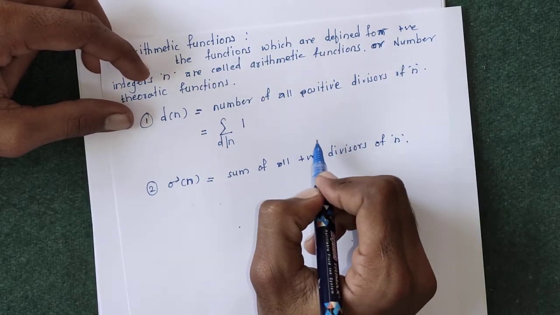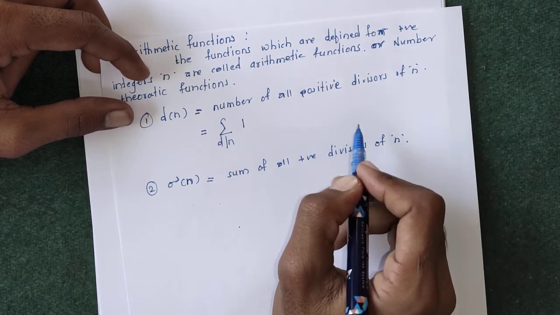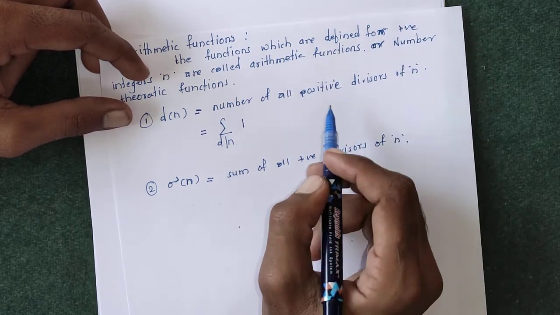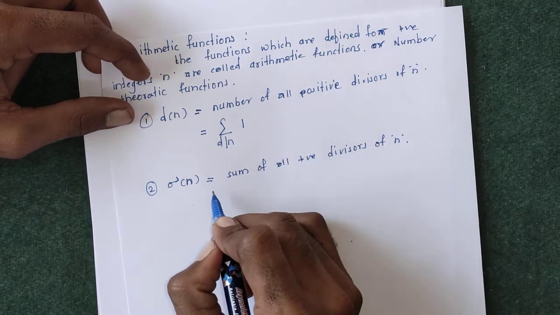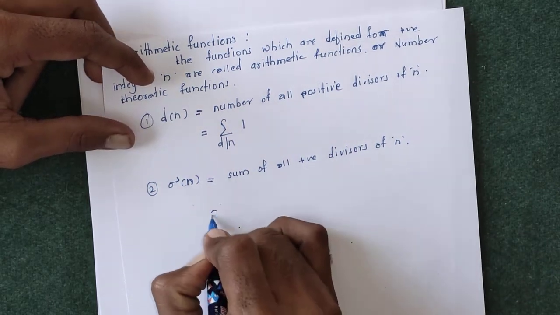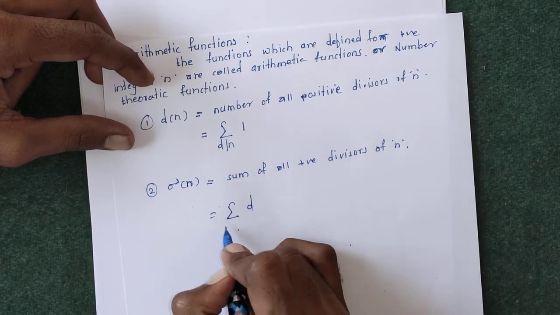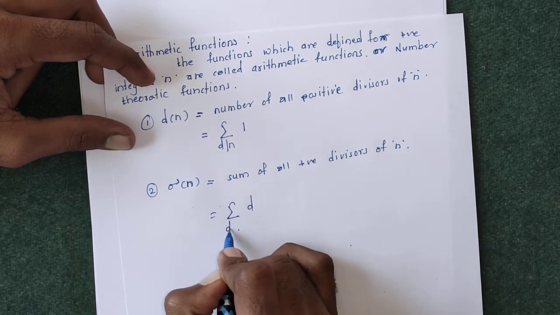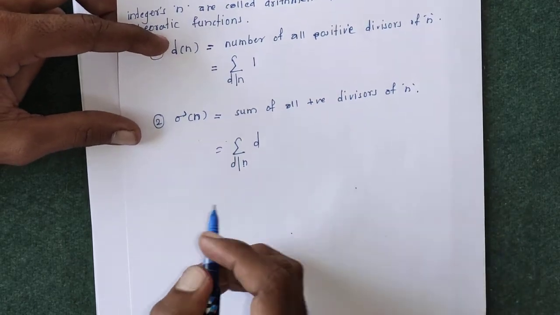If n is equal to 10, then 1, 2, 5 and 10 are divisors. So 10 plus 5 plus 2 plus 1 is 18. Sigma of 10 will become 18, denoted as the summation of all d such that d divides n.